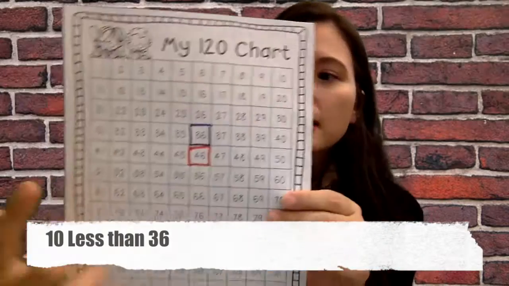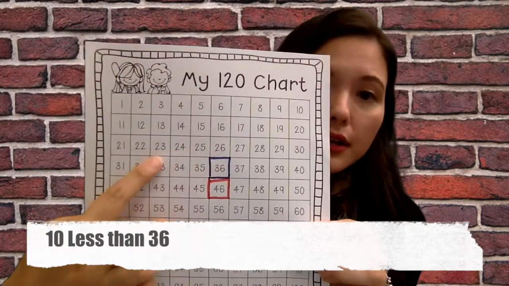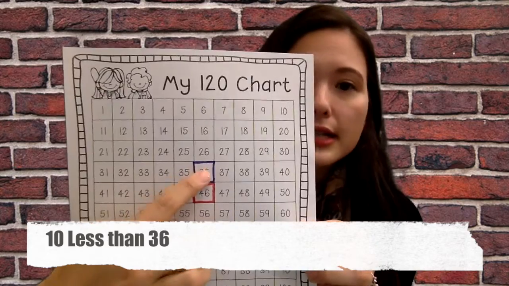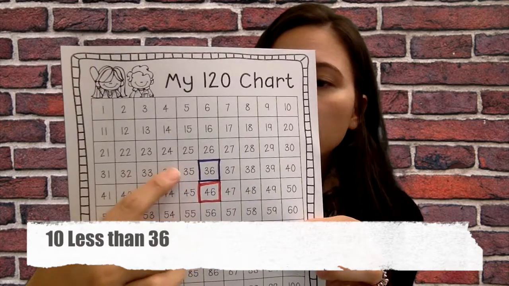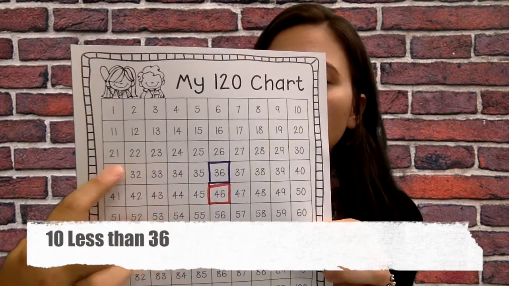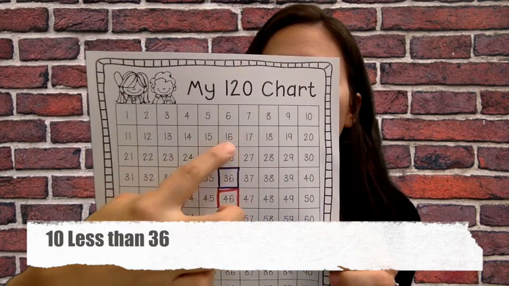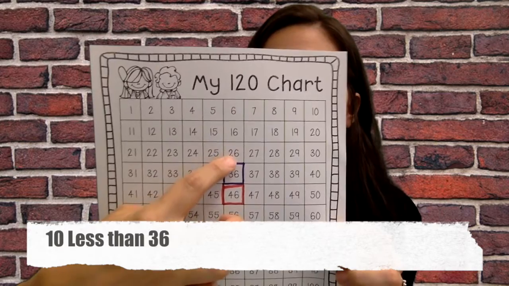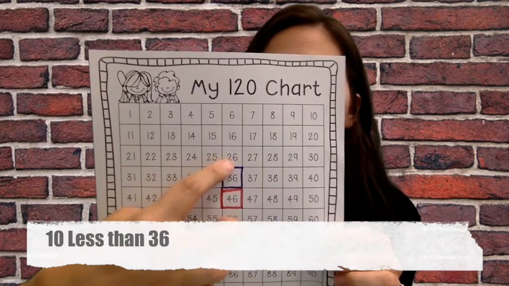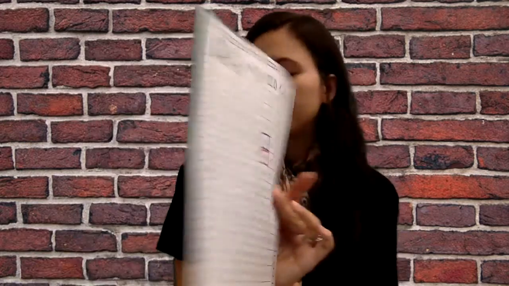So we need to count the numbers that get smaller than 36. So here we go. Here's 36. 1, 2, 3, 4, 5, 6, 7, 8, 9, 10. So the number that is 10 less than 36 is the number 26.